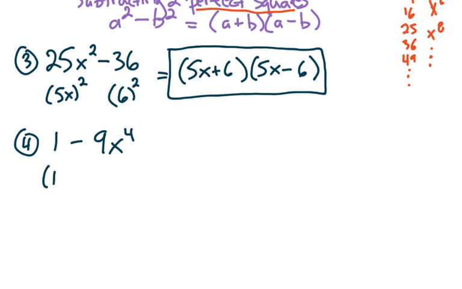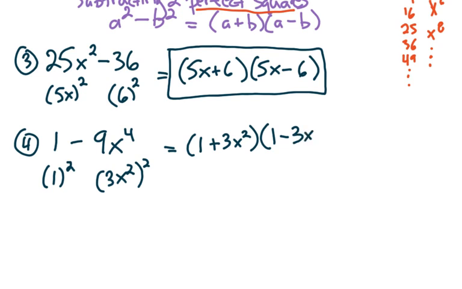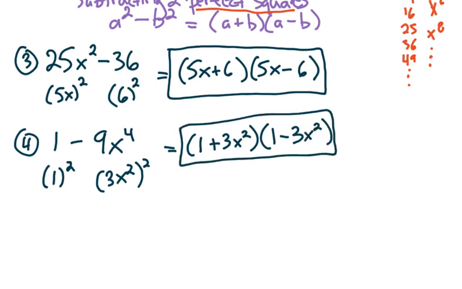So 1 is the perfect square of 1. 9x to the 4th is the perfect square of 3x squared. So this will factor into a 1 plus 3x squared and a 1 minus 3x squared. And I would recommend keeping the same pattern between them. So the 3x squared was the second term. Keep it in the second part of both parentheses.